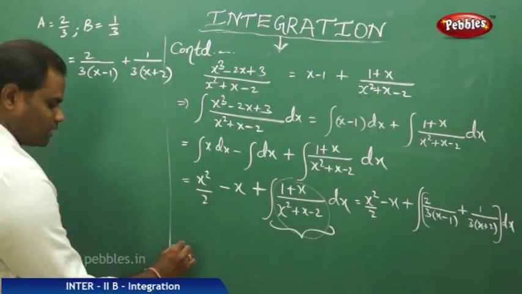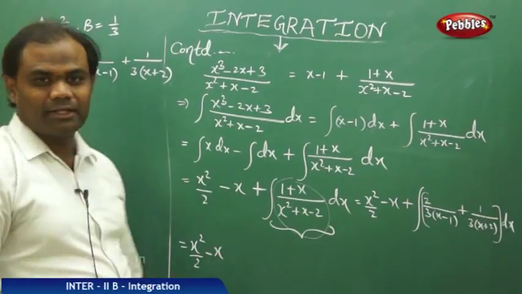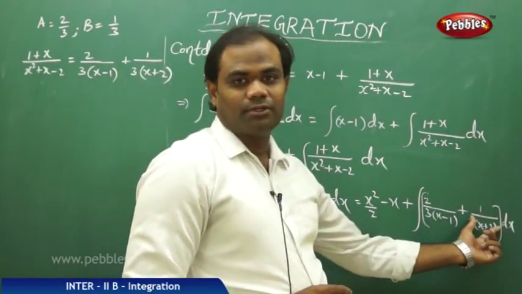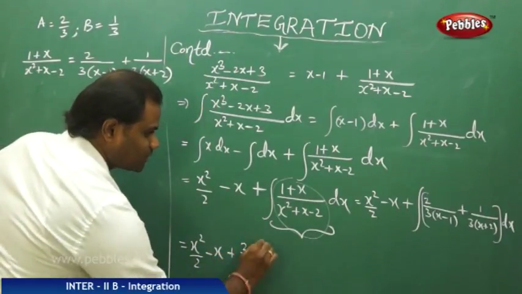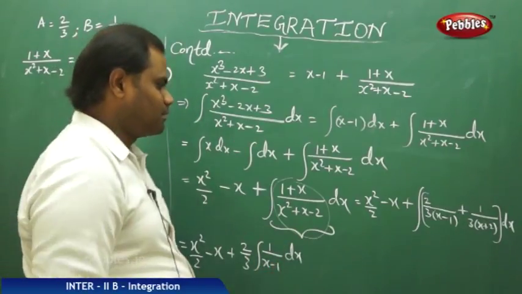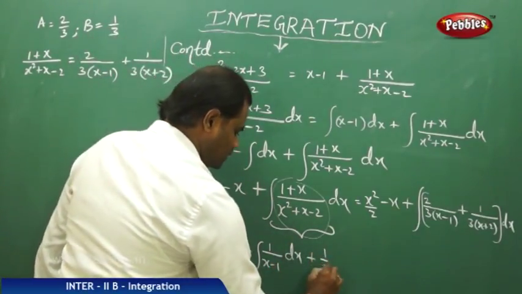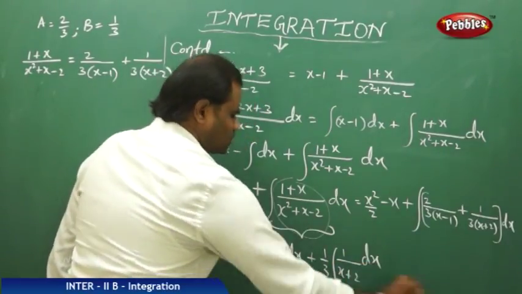Now expanding the brackets and using the integrals separately, I get 2 by 3 integral of 1 by (x minus 1) dx, and 1/3 integral of 1 by (x plus 2) dx.